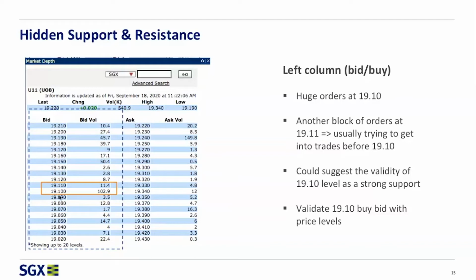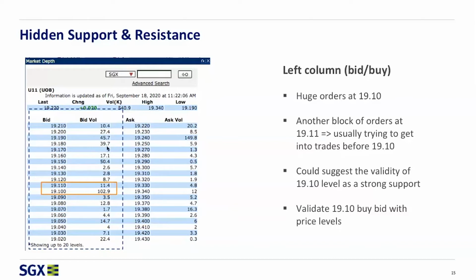At 1910, we are seeing a volume of 102 lots, which is much larger than the rest. Of course, you can tell me, hey, I'm seeing 1915 with another 50 lots here, but that's basically it.